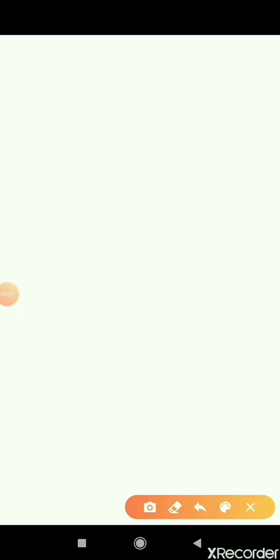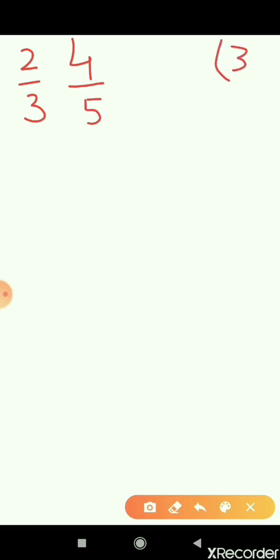Children, now we will understand how to find out the rational number between rational numbers. Take an example, 2 upon 3 and the next number 4 upon 5. We have to find 3 rational numbers between these two rational numbers. For that, the rational numbers should have the same denominators, but in these two we don't have the same denominator, so we will convert the denominators.